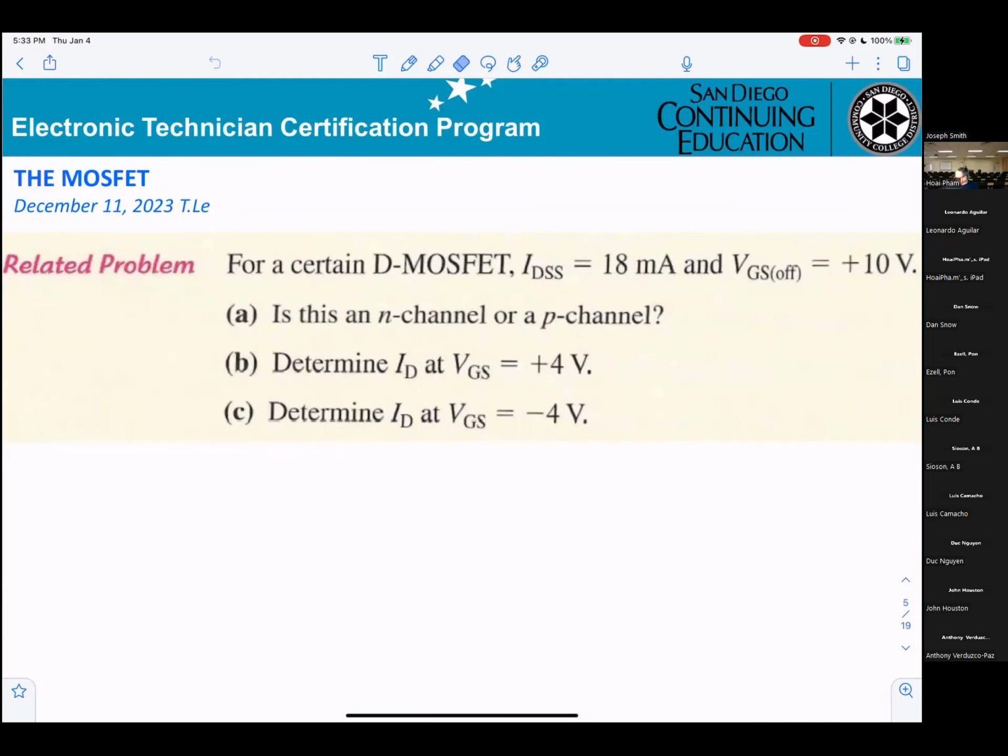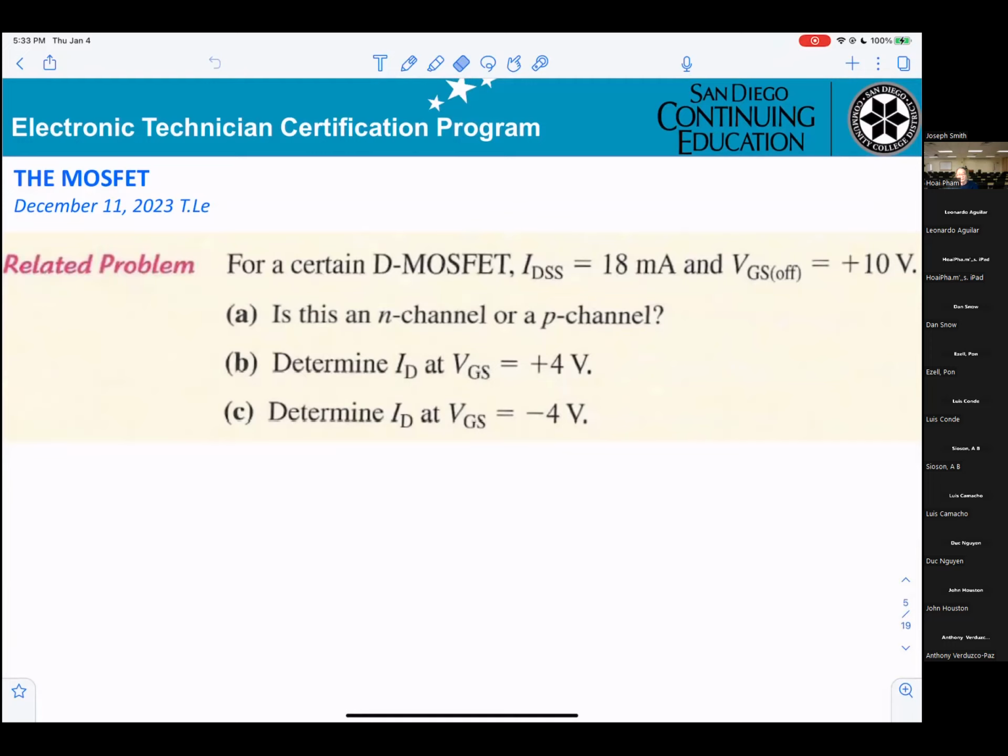And now there is another problem and you try to do it. A certain MOSFET has IDSS of 18 milliamp and VGS off of 10 volt. Is it N channel or P channel? They want ID with VGS plus 4 volt and ID with VGS equal minus 4 volt.